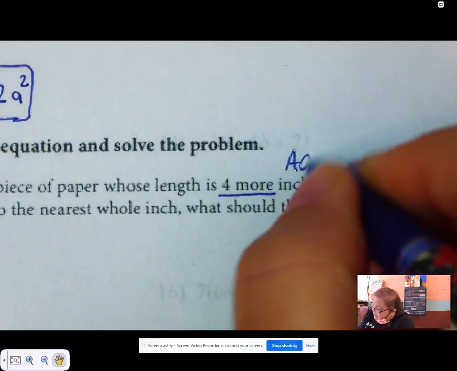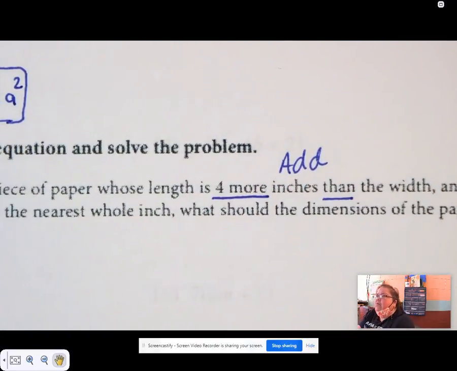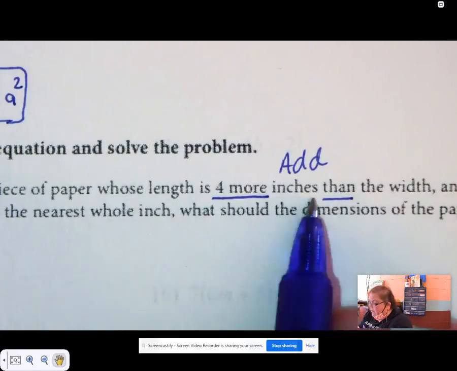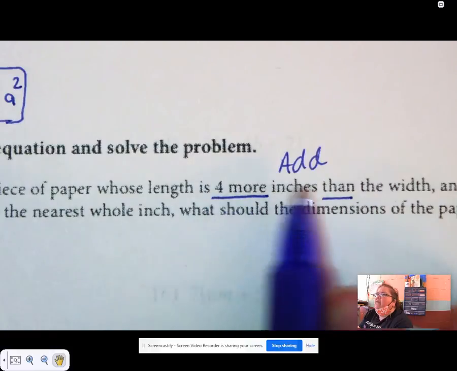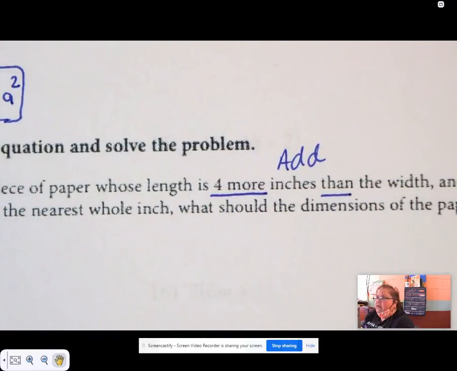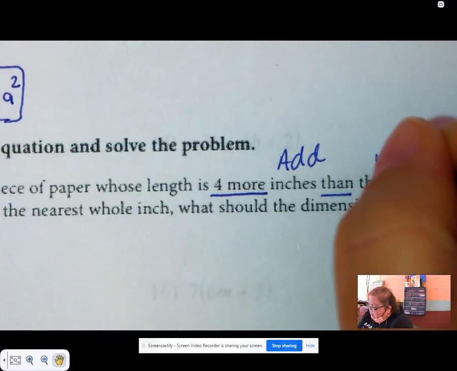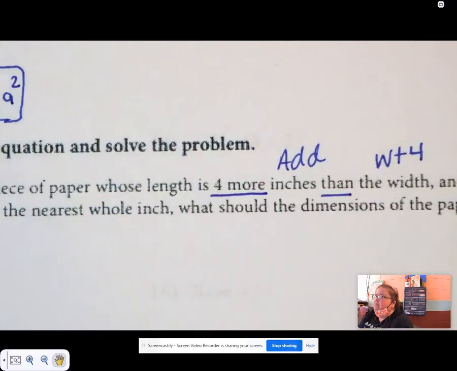So we're going to add here. And what I've got is 4 more than width. And we're going to use W for width. So what does 4 more than W look like? W plus 4. 4 more than W. Remember the than moves the 4 to the end.